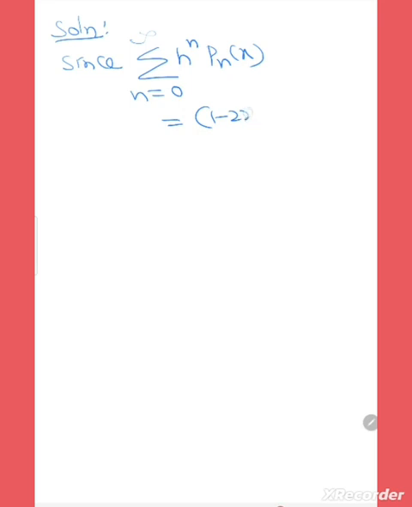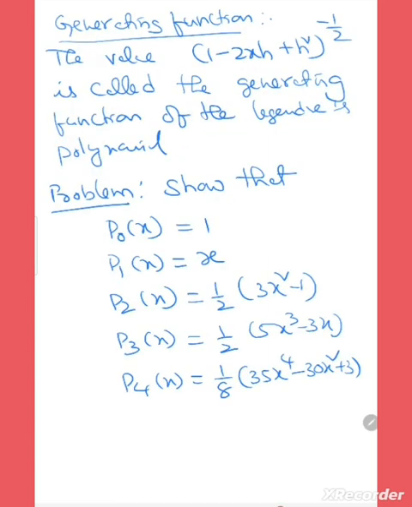So by the definition of generating function, solution: since the sum of h^n Pn(x), n running from 0 to infinity, is equal to (1 − 2xh + h²)^(−1/2). I already wrote this. It is called a generating function.